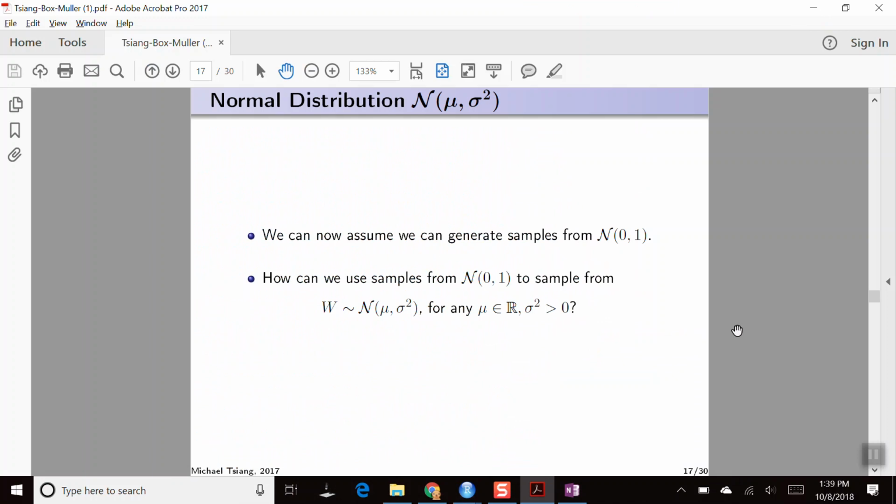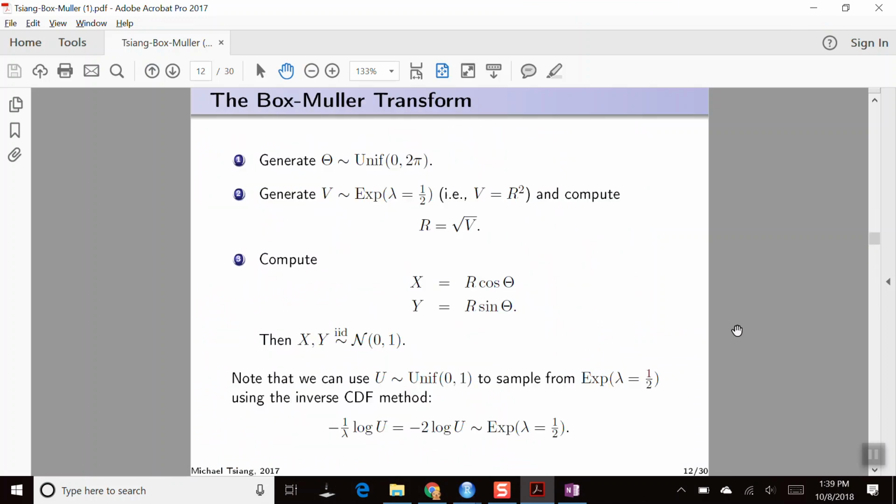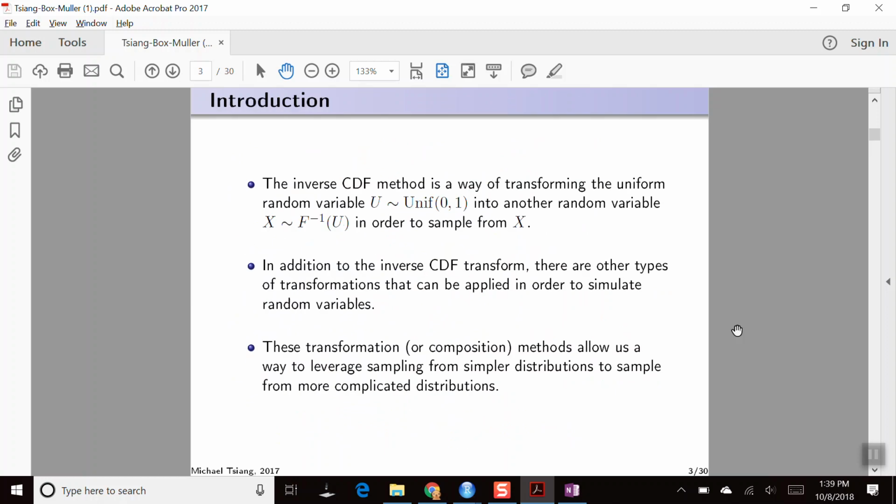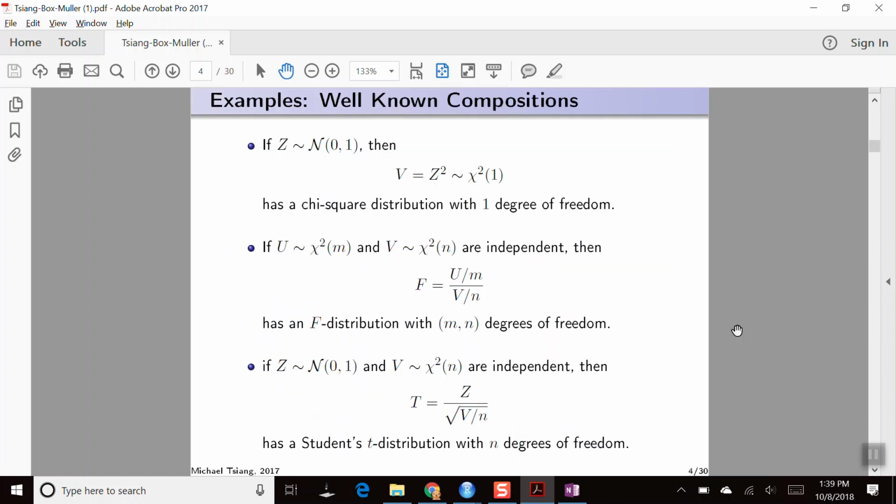Okay, this transformation method, all of these methods really, use the relationships between distributions. I guess if you have the computational power, then these methods are fine. So for example, in order to generate a chi-squared distribution with 10 degrees of freedom, you have to generate 10 random normal values and then square them all, and then you add them up, right?